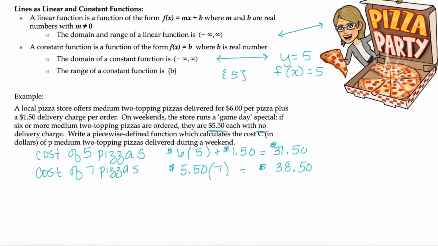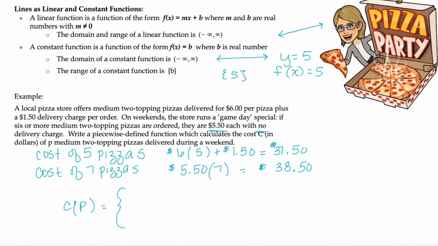So let's try to write the piecewise function. The cost per pizza is equivalent to, well, when I had less than 6 pizzas but greater than 0 pizzas, it would cost me $6 times the number of pizzas, plus $1.50 for delivery.